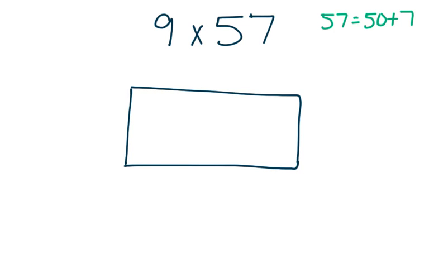So I went ahead and I split my number 57 into 50 plus 7, and now I'm going to label my rectangle.